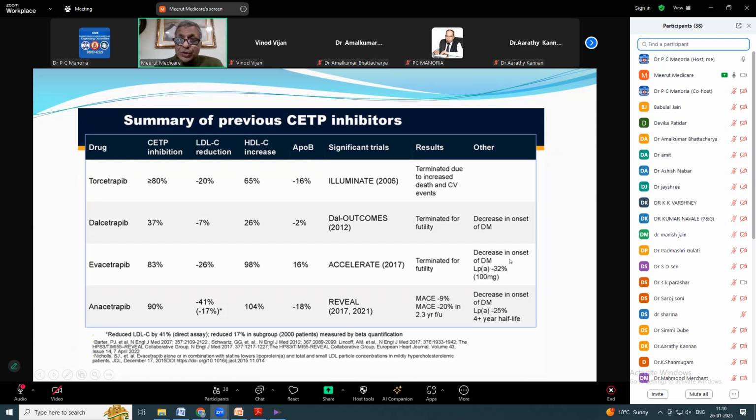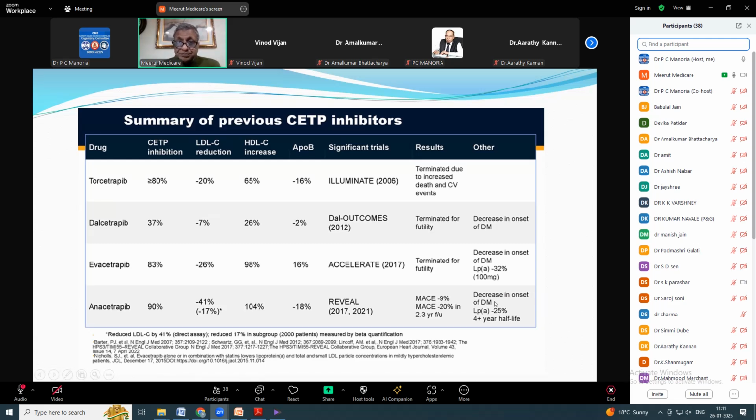Again, two important things came out: consistency in diabetes mellitus reduction and a decrease in LPA. Anacetrapib, the REVEAL trial, showed reduction in both LDL-C and ApoB, and reduction in MACE. So ultimately, CETP inhibitors work with the same mechanism as other LDL lowering: ApoB reduction and reduction in LDL-C.